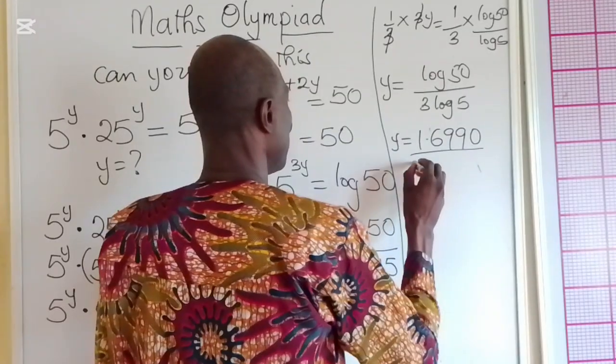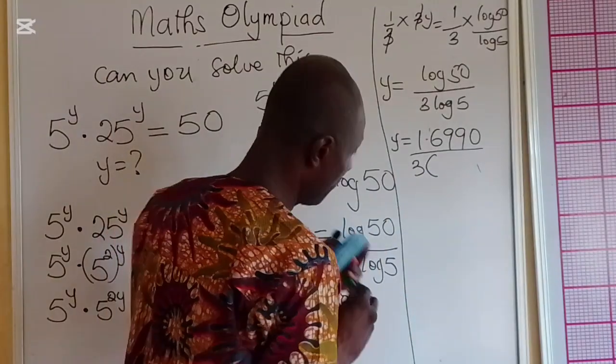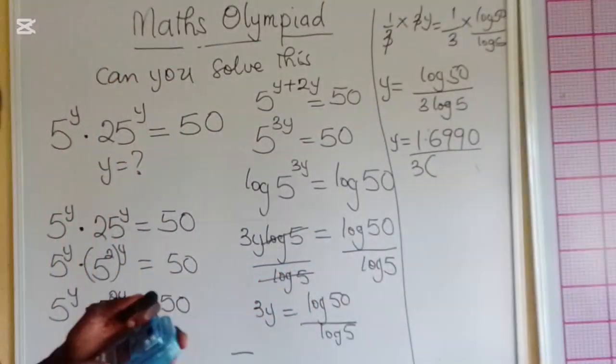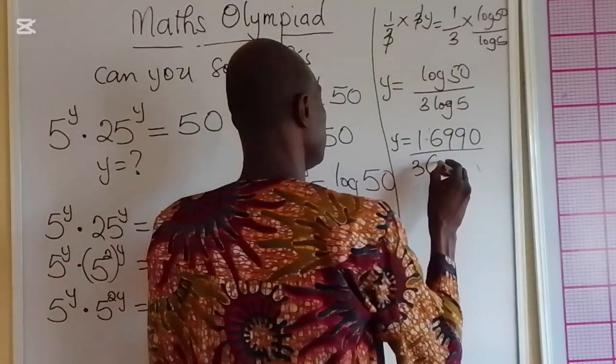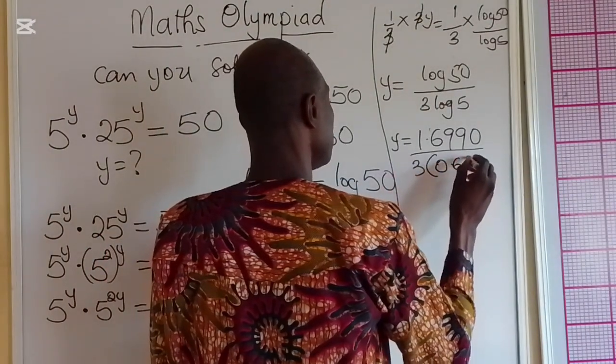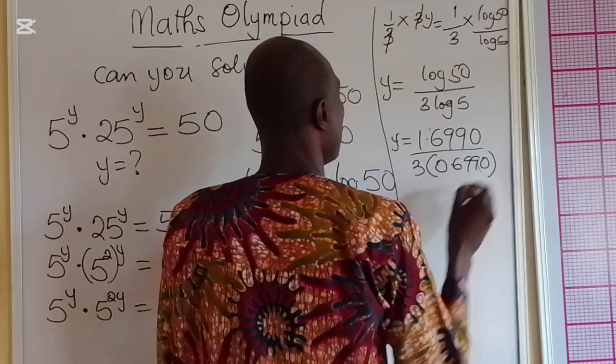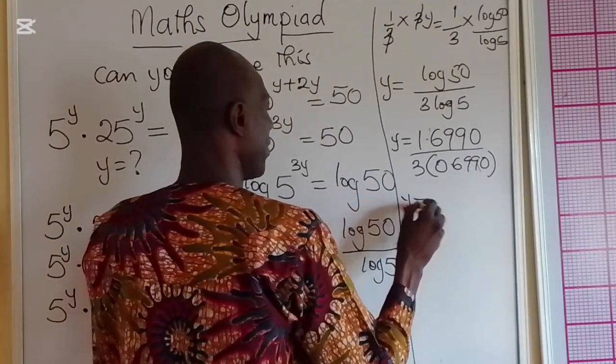Now, here will be 3 times. What is log 5? It's the same thing, but here we now start with 0. It's 0.6990.